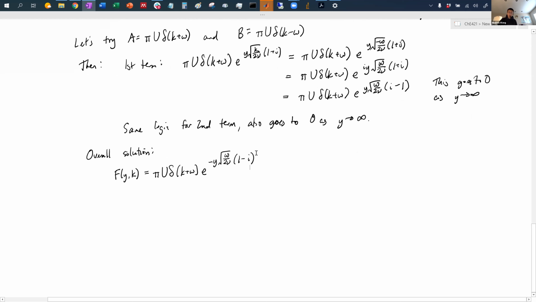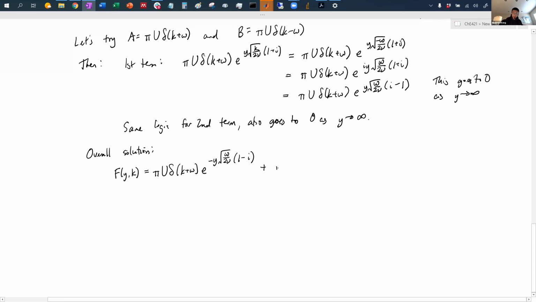Okay, this term comes from this. This is the first term: pi u delta k plus omega e to the, I just pulled out a negative in the front here to make it even clearer that the real coefficient is actually negative here. And the second term, I didn't have a chance to go through, but the logic is essentially the same. It looks like this.